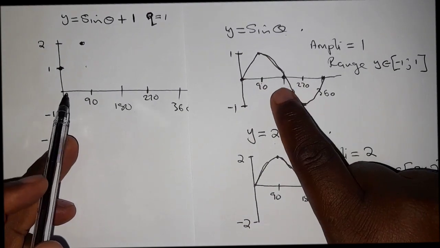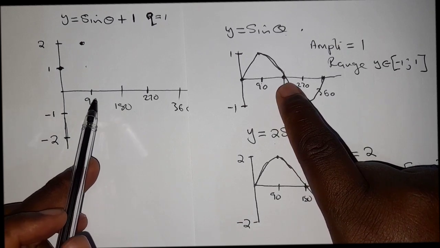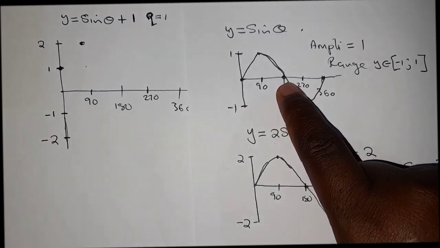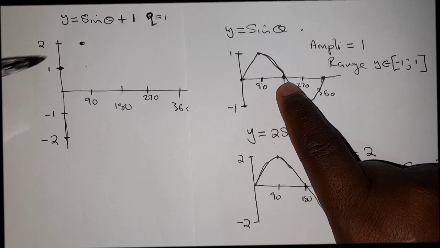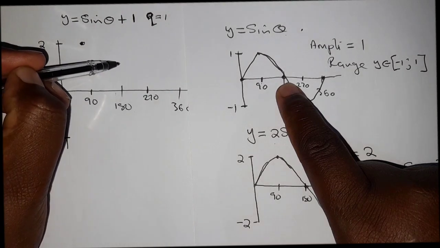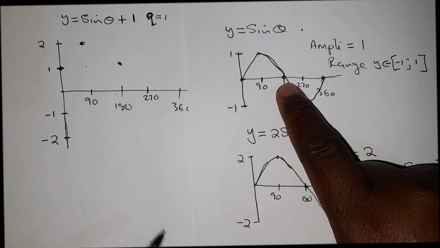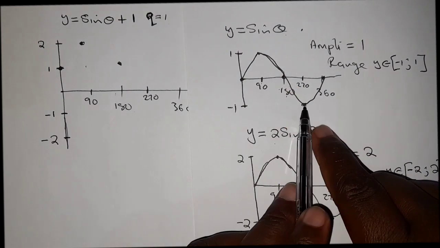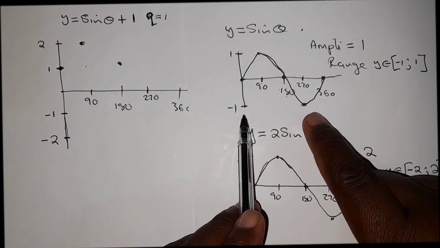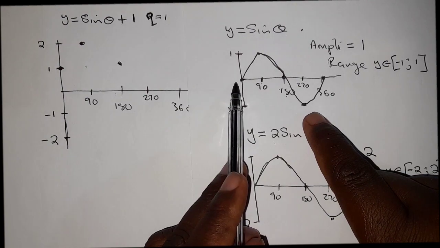And then 180 as to 0 has been shifted one step upwards. It goes to 180 as to 1.